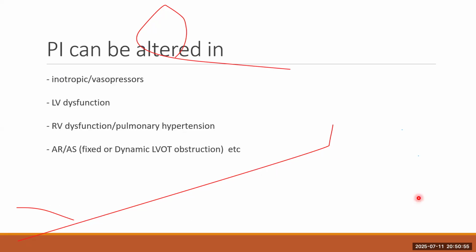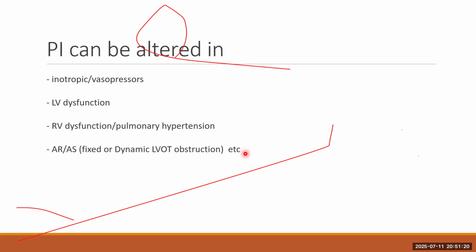So PI can also be altered depending on the inotropes we use, because there are certain vasopressor or inotropic agents which are neurotropic. There is a whole debate which is ongoing, especially with respect to testing autoregulation with the help of a transcranial Doppler pattern.